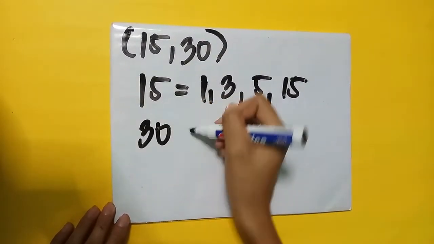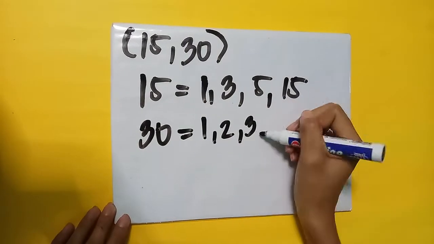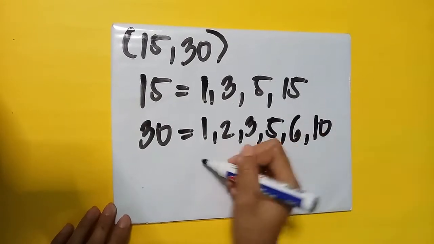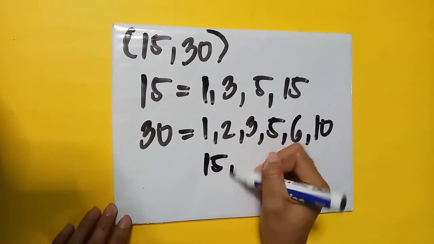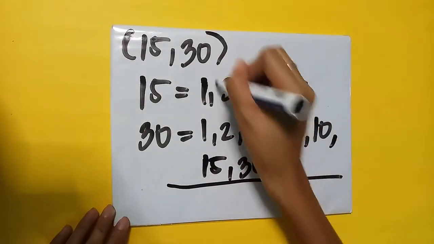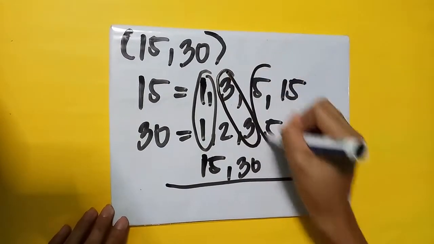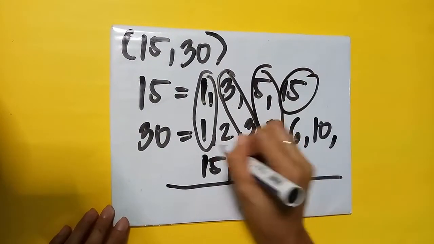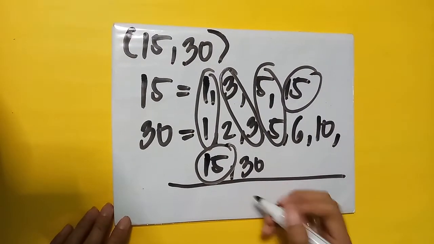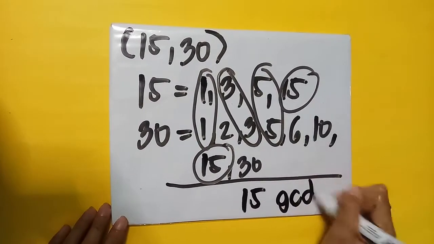While in 30, we have 1, 2, 3, 5, 6, 10, 15, and 30. They have common factors of 1, 3, 5, and 15. And the highest common factor of them is 15.